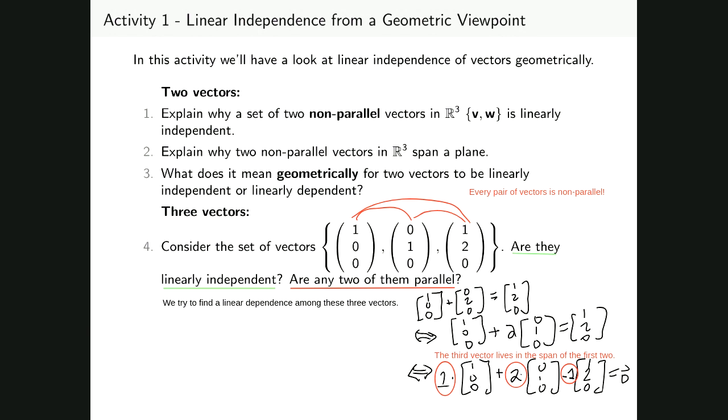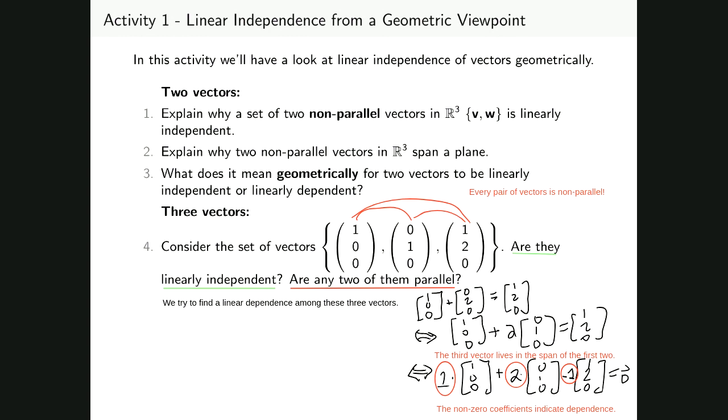These non-zero coefficients tell us that we have a linear dependence among the vectors. Okay, cool. So are they linearly independent?